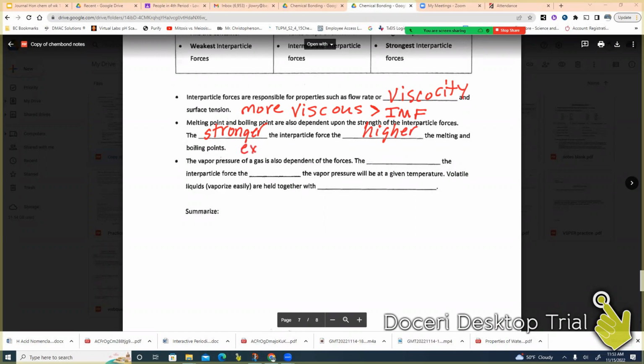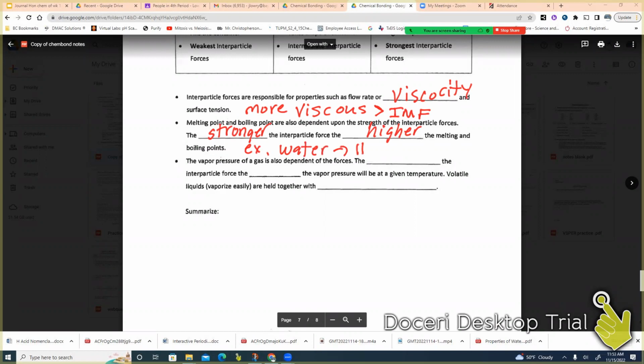And we see this with water. Water has hydrogen bonding, which is the strongest IMF, so it has a pretty high boiling point, and also melting point.